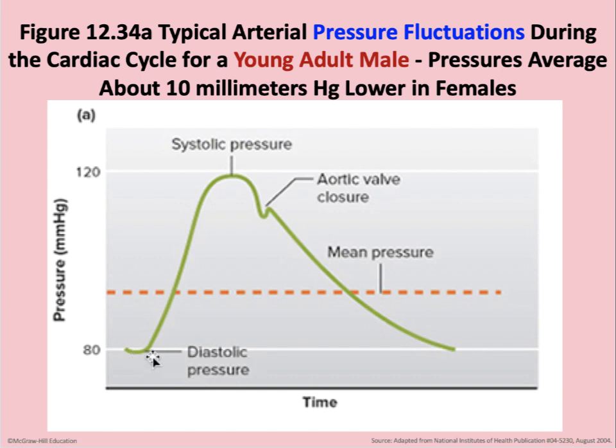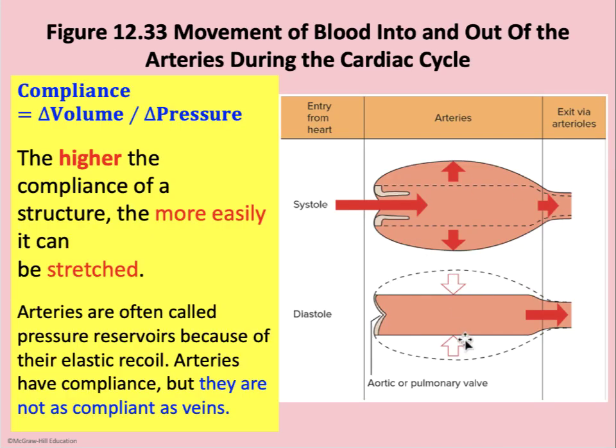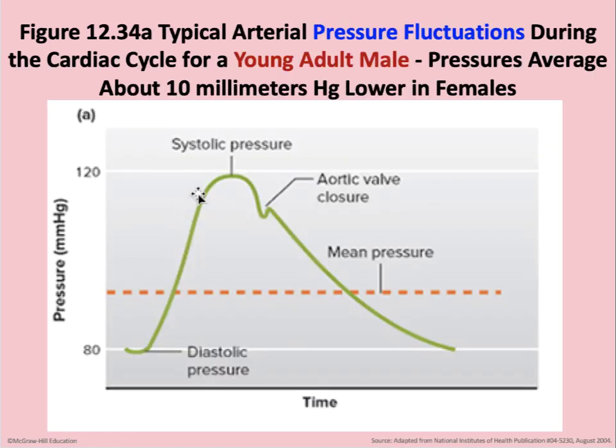As one can see, diastolic pressure is the lowest when the heart is filling. But still, it's 18 millimeters of mercury. It's not 0. So this is caused by the rebound that you see here from the walls of the arteries. Maximum pressure in an artery is obtained during systole, when blood has left the heart.